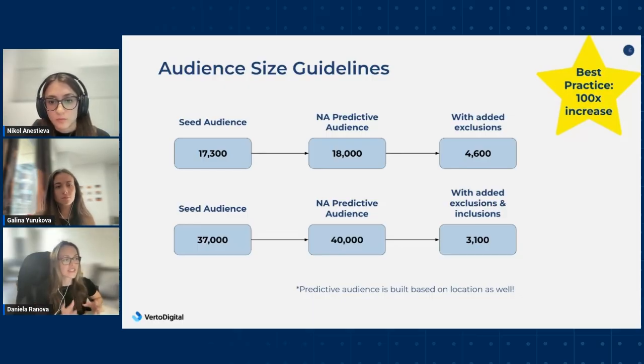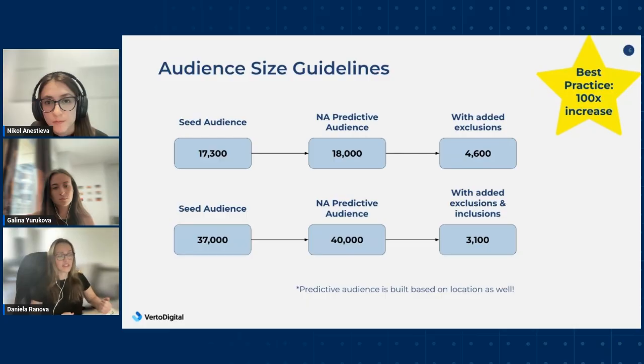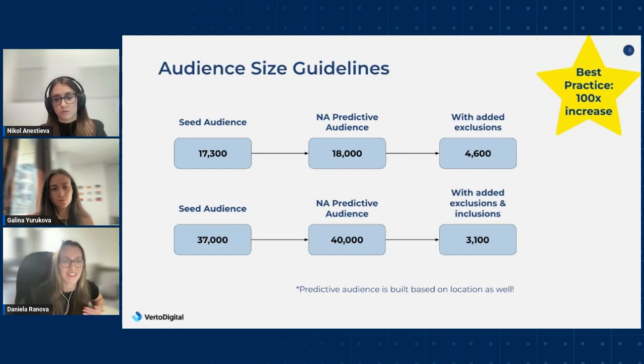And here's an example of how the audiences change. For example, we have provided a seed audience, which is 70,000 people. And then we've created an audience that is only in North America. So this seed audience could be members from all over the world, but this predictive audience would be only for North America. And we've set it to 18,000 because at the start, we tried to stick as close as possible to the seed list audience size that we have provided.